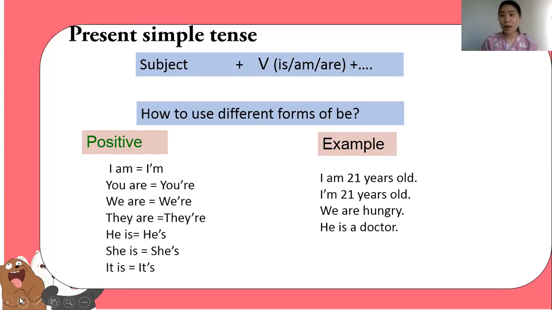In short form, I can say I'm 21 years old. One thing you need to remember is that when it comes to writing, you cannot write in short form, okay? When it comes to speaking, you can. You can say, I'm 21 years old, she's a student, something like that.